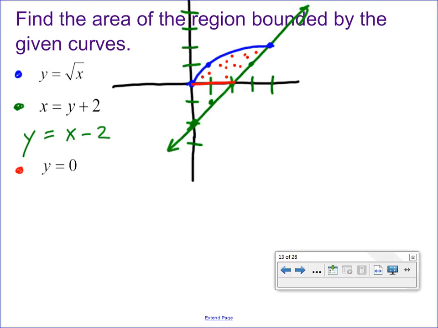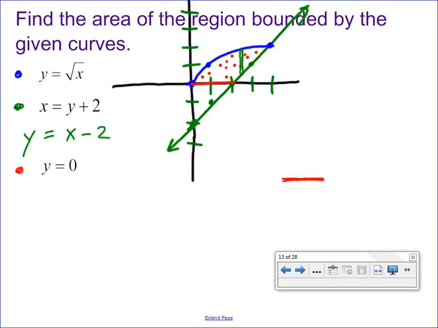Absolutely. If I draw a horizontally oriented rectangle, then I can touch the right-hand side of the region bounds the same curve regardless of where I draw that rectangle. Versus if I had drawn a vertically oriented rectangle, then depending on where I draw it, on the left versus the right side of the region, the bottom of the rectangle touches a different boundary curve.